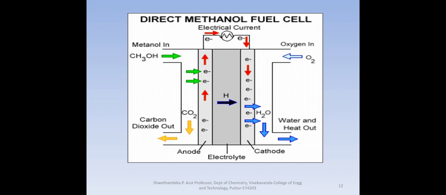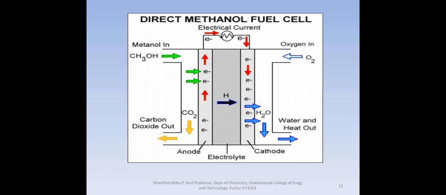This is the diagrammatic representation how the electrochemical reaction takes place in methanol oxygen fuel cell. So here near the anode we supply the methanol. Excess carbon dioxide is coming out at the left bottom shown in yellow arrow-headed lines. The electron from the anode surface would be migrating towards the cathode shown by red color arrow-headed marks.